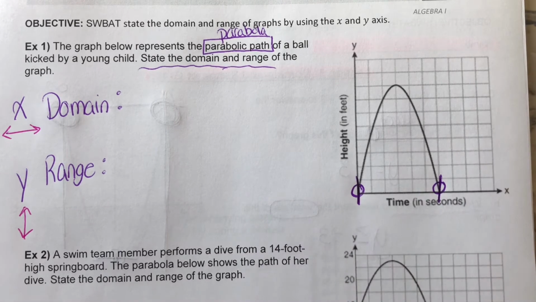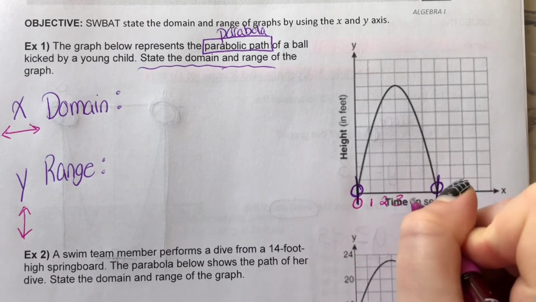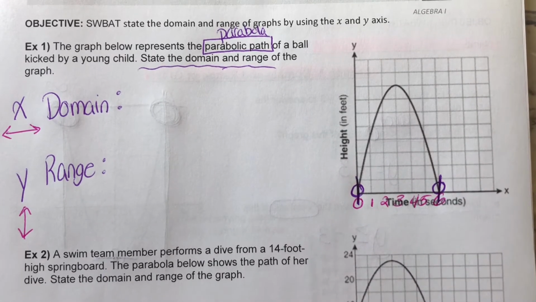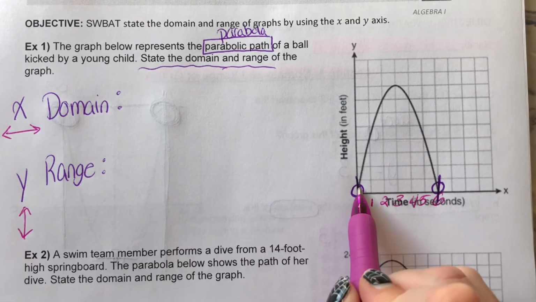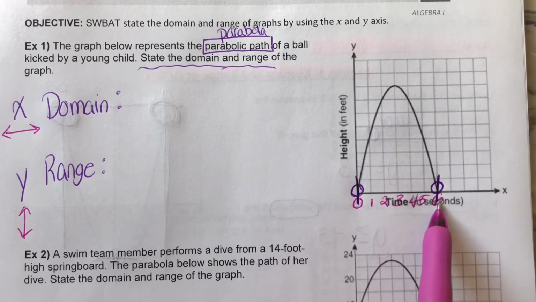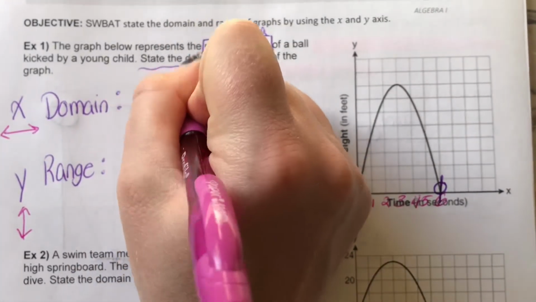So I know this would be an X value of 0, 1, 2, 3, 4, 5, and 6. So when I want to decide what my domain is, my domain would be 0 all the way over to 6 when I'm looking at those X values. So that's what I'm going to write here, 0 to 6.